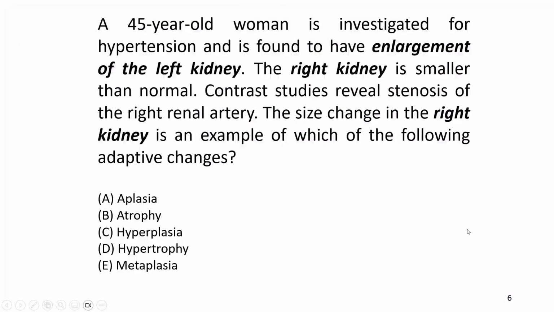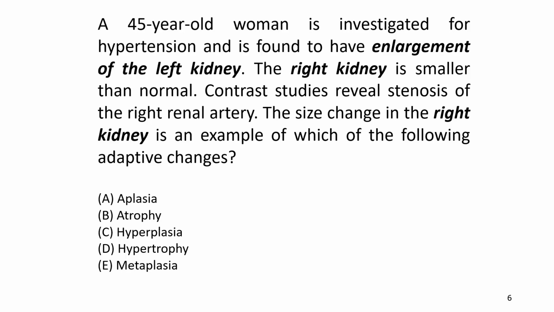So here are some sample questions that are similar to what you might see on the exam. A 45-year-old woman is investigated for hypertension, which is high blood pressure, and is found to have enlargement of the left kidney. The right kidney is smaller than normal. Contrast studies reveal stenosis of the right renal artery. Stenosis is a narrowing of an opening.